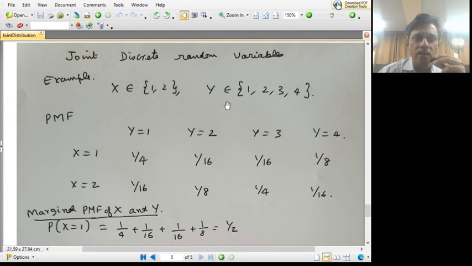Y is another one which takes 4 possible values 1, 2, 3, 4, and their joint PMF is given. Suppose it is given like this one. Okay, how do we go about finding different statistical quantities?